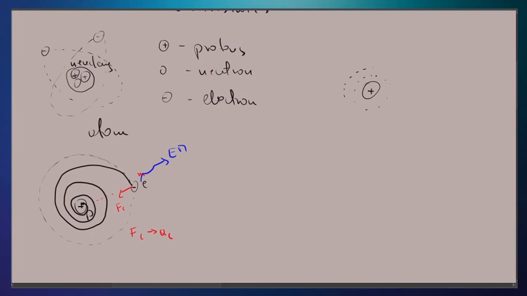Maybe it's a little likelier to be somewhere out here. So I'll try to make this a bit denser, something like that. And then it is less likely to be out here, even less likely to be out there, and so on. The farther away you are from the nucleus, the less likely this thing is.